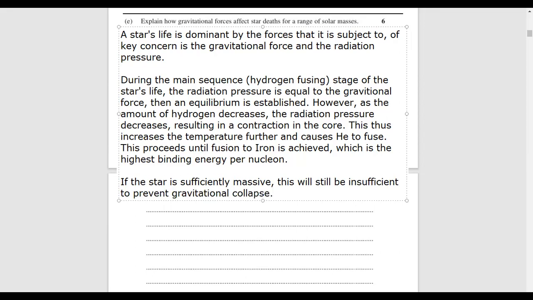So in this case, this means the core will collapse. Basically this means the star will undergo a supernova and thus become a neutron star.